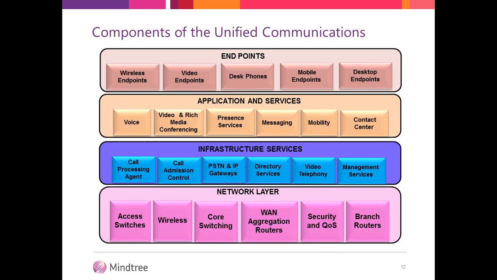As you can see, these are the major blocks of this network layer: access switches, wireless, core switching, WAN aggregation routers, quality of service. These are the different blocks of the network layer. And the next layer, which sits on top of the network layer, is your infrastructure services.